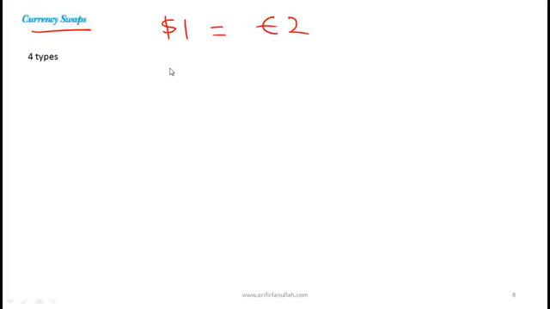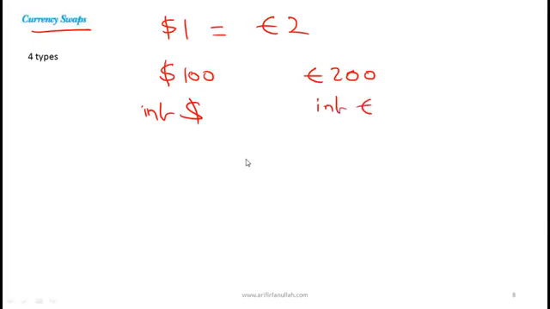If I borrow $100, so I'm borrowing in dollars, how many euros will you borrow? Given this exchange rate at the start of the transaction, you will borrow 200 euro. And then if I have borrowed $100, I will pay interest in dollars and you will pay interest in euro.